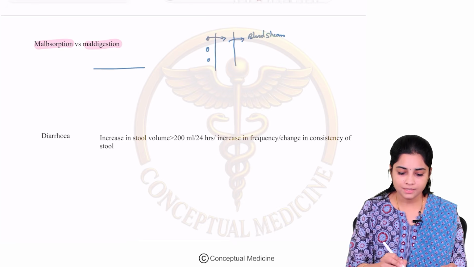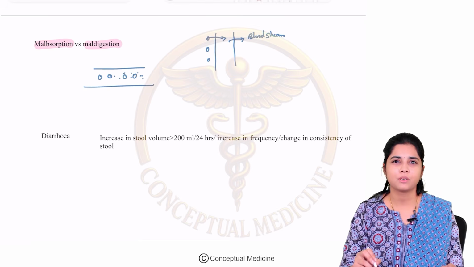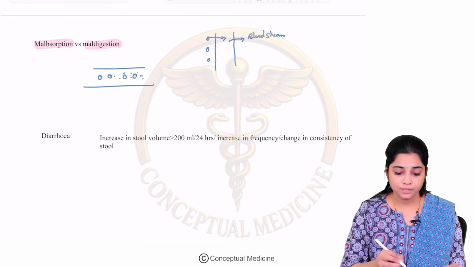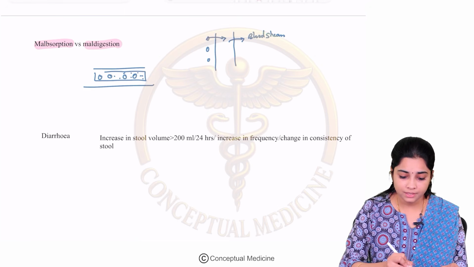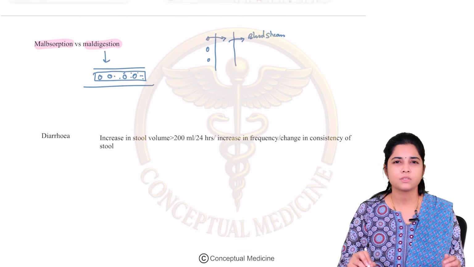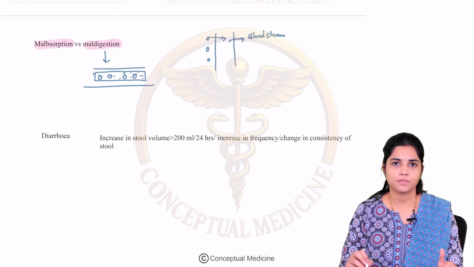But what happens is that the food which is there in the lumen, if it is not getting digested properly, maybe because of some enzyme defect or maybe because of a motility problem, the problem which is there with the digestion is what we call maldigestion. So this is the basic difference between maldigestion and malabsorption.